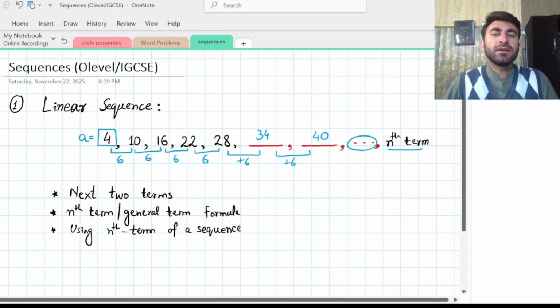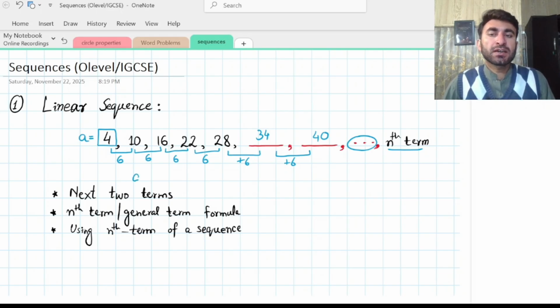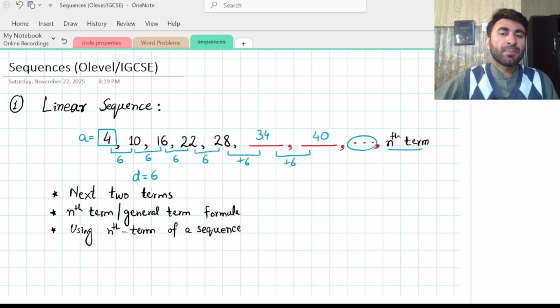Now as we see, the first difference sequence is a constant sequence, so it will be termed a linear sequence, and in the case of a linear sequence the common difference here becomes 6. So the first term of the sequence is 4 and the common difference is 6. The nth term or the general term formula for a linear sequence is given by the relation Tn, which represents the nth term, and it is given by a plus d times (n minus 1).